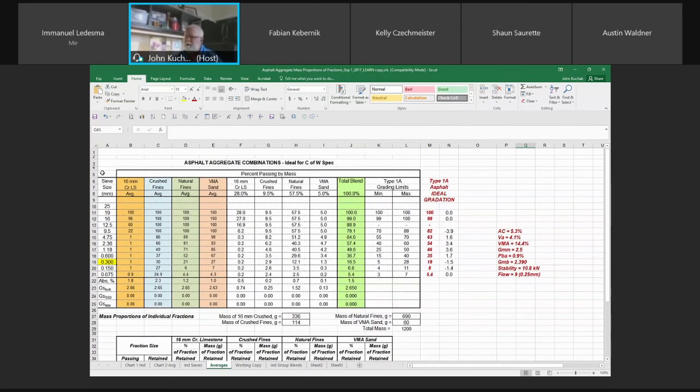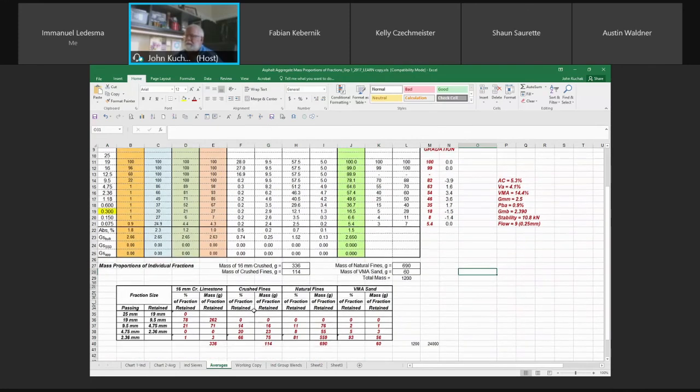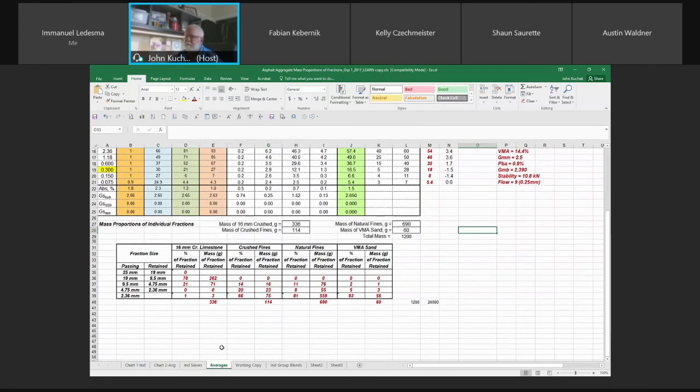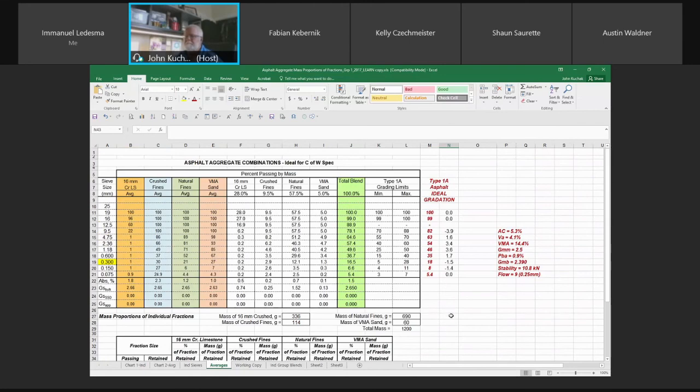I can read this spreadsheet, exactly what's going on here. But like I say, maybe your format's a little different, but as long as I can understand it, and I know that your numbers are correct because you went through the proper calculations. Okay?